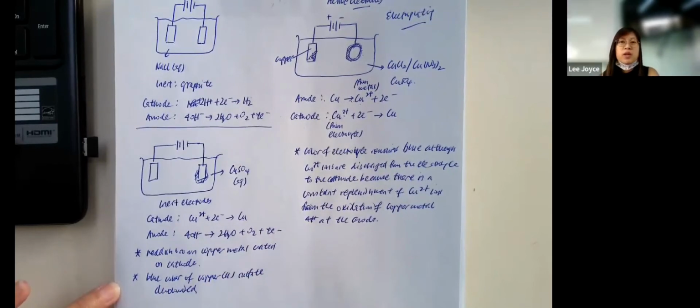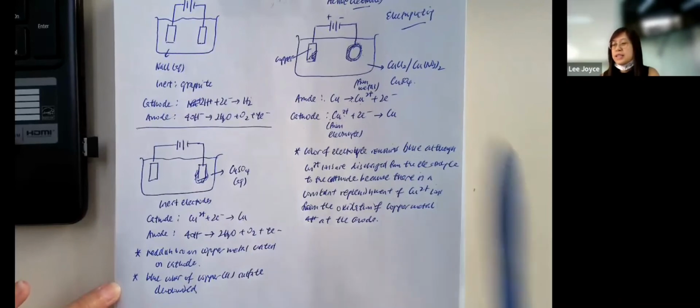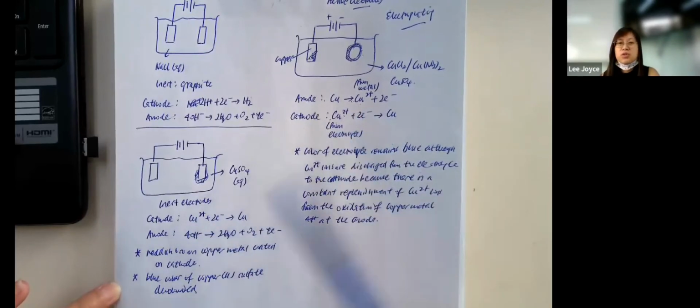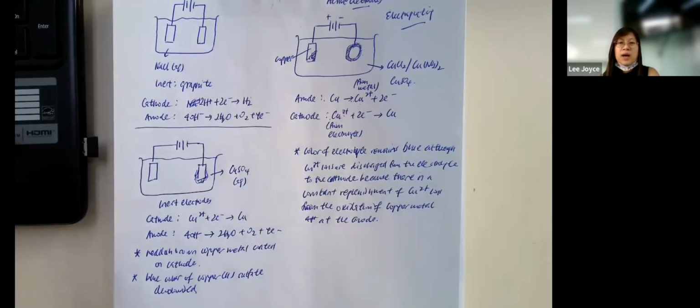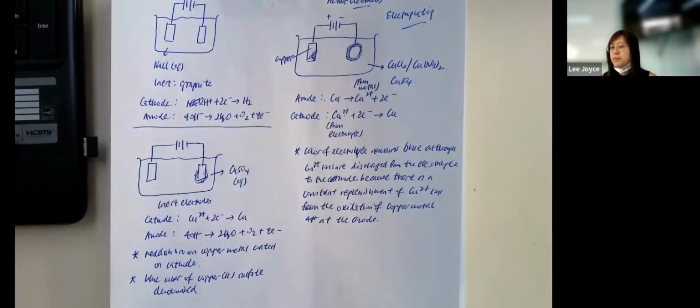So in the exam question, they will usually discuss the difference between these two setups. One using the inert electrodes, the other one is using the active electrodes. And then what are the differences? So that's the difference between the use of active and inert electrodes.